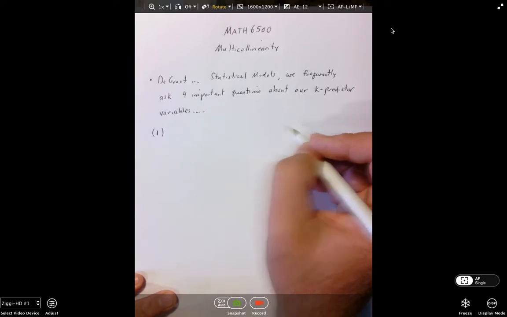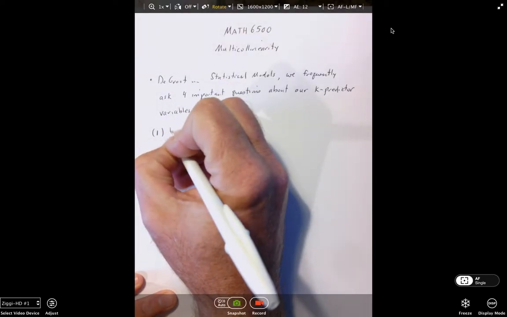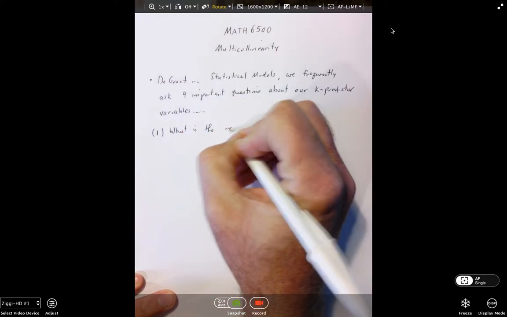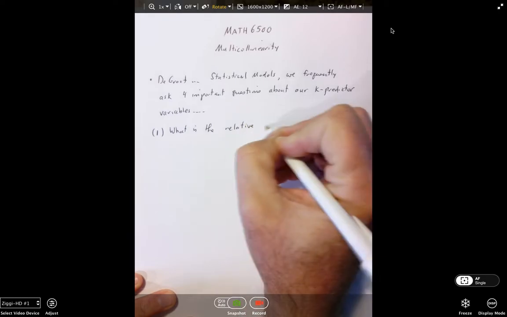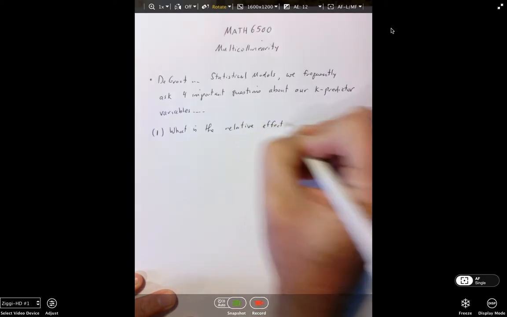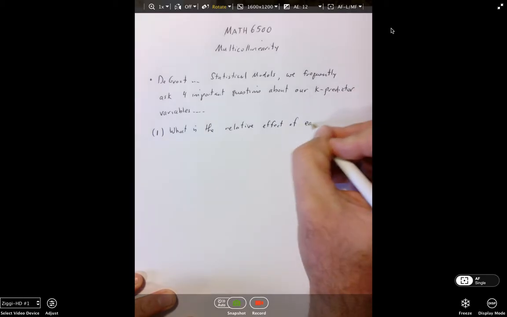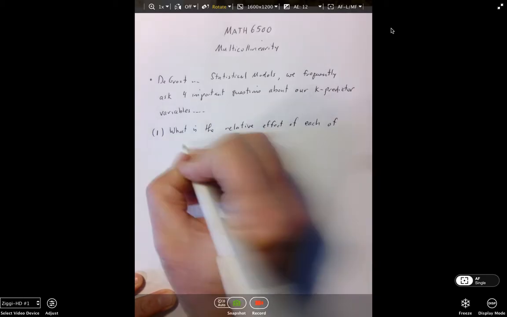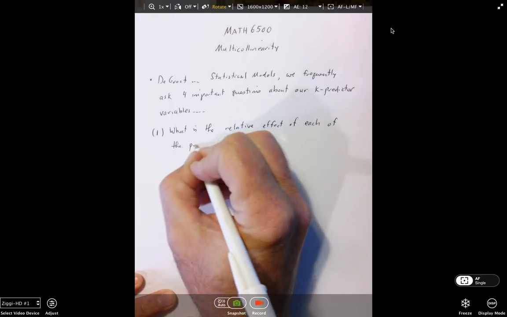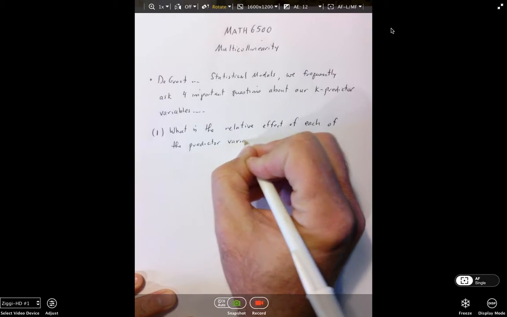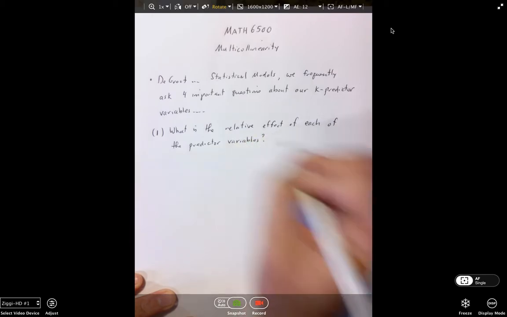The first thing I would want to know is what is the relative effect of each of the predictor variables. Now, I think that's the obvious one.